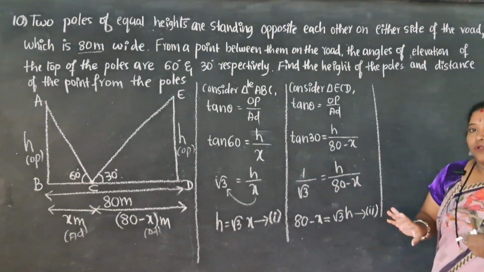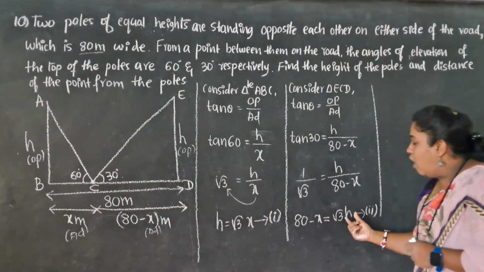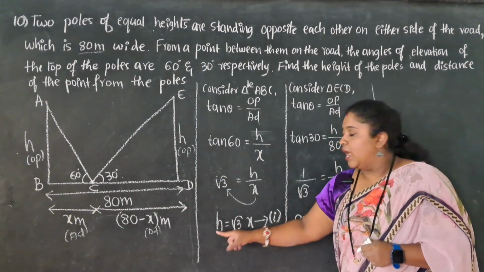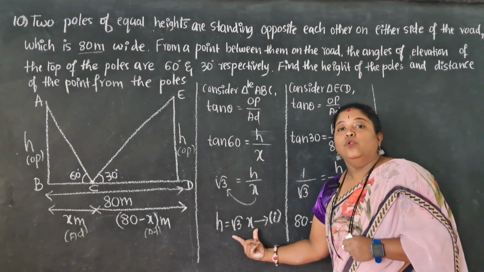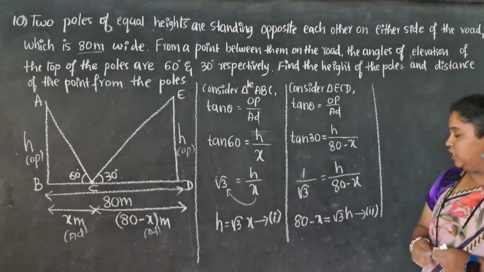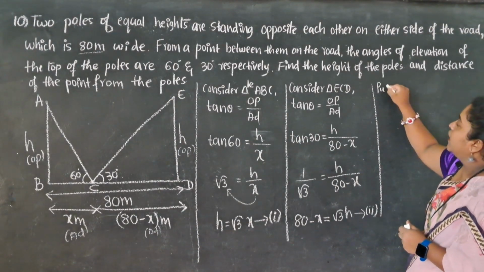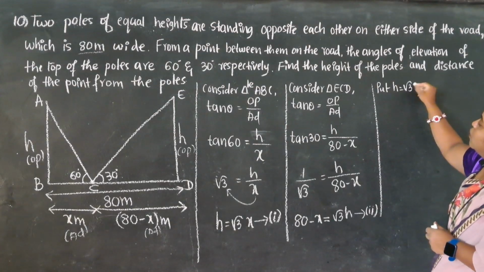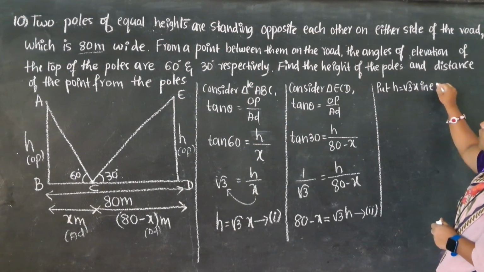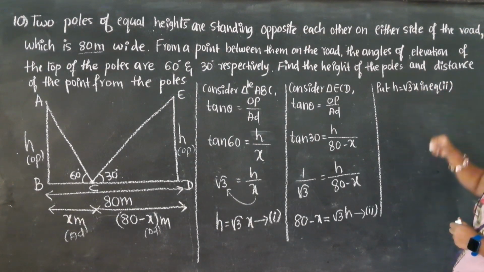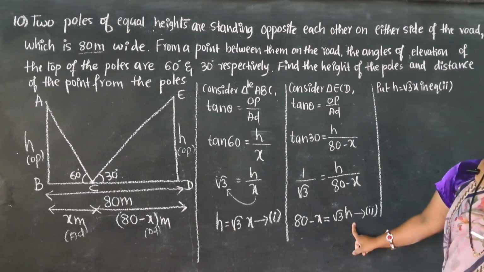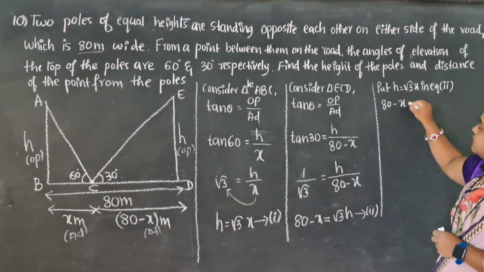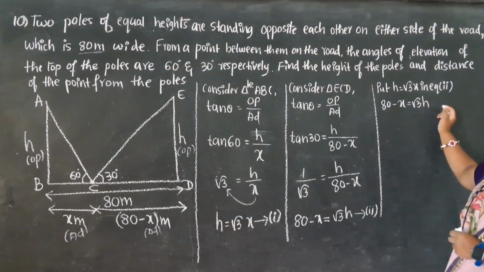But now what I am going to do is, instead of h, substitute root 3x in equation 2. So put h is equal to root 3x in equation 2. What is there in equation 2, dear? Equation 2 is 80 minus x is equal to root 3h.